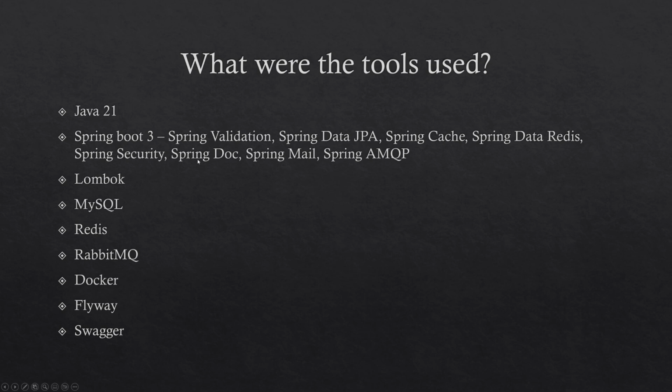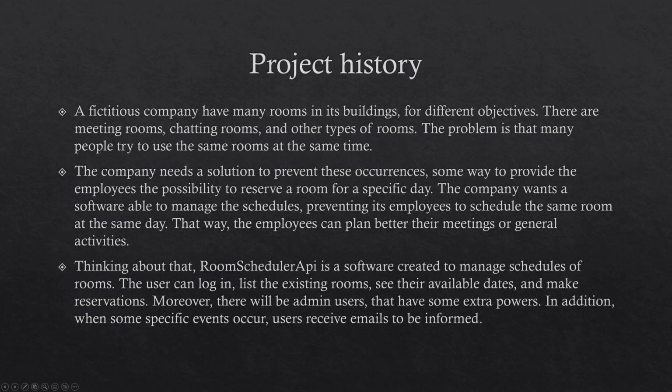So if you don't know, some of the Spring modules are related to some of the tools I used here. For example, Swagger is related to Spring Doc. So Spring Doc helps me to provide the Swagger, right?